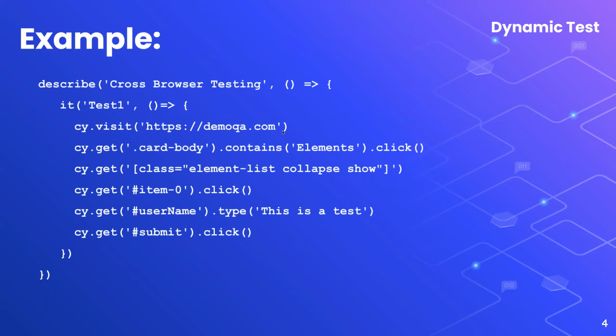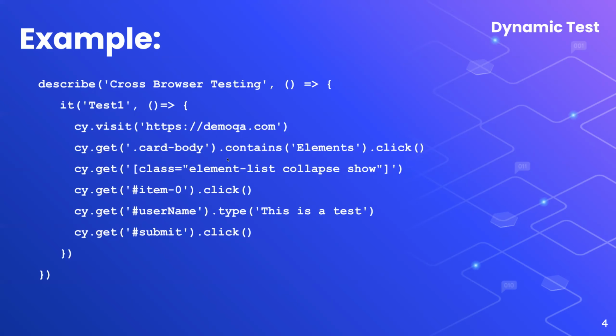So we can see a simple script that I wrote before. What it actually does is really simple. It goes to some URL and searches for a class name card body, which contains the element string, and clicks on it.